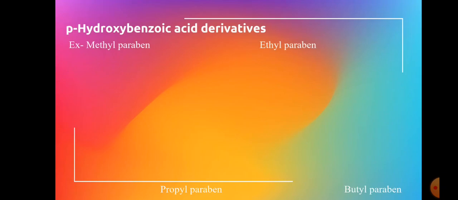Now we will see some preservatives which are commonly used in drugs and cosmetics. Amongst that, the first class is of para-hydroxybenzoic acid derivatives. Examples include methylparaben, ethylparaben, propylparaben, and butylparaben.